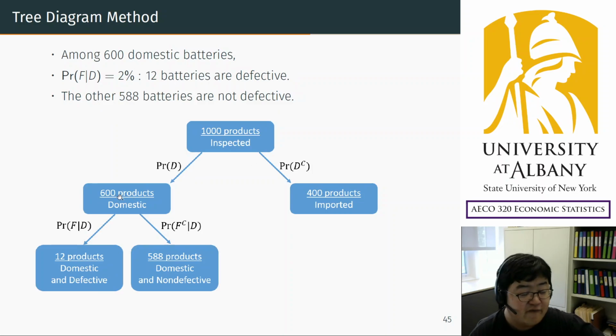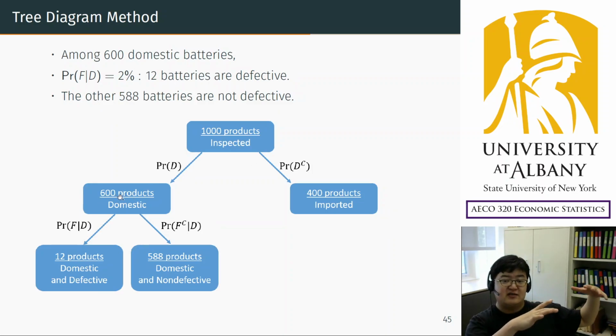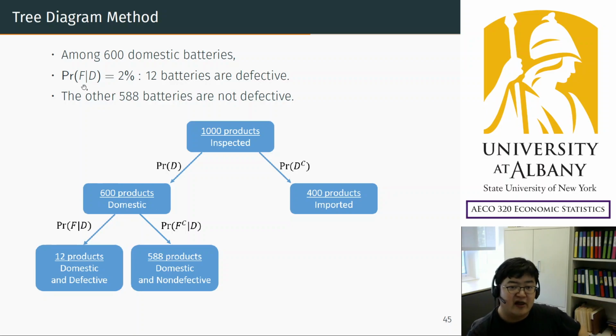And then from the first pile, the domestic batteries, we know that given domestic batteries, under this condition, 2% is the defect rate. That is, in front of us we have 600 domestic batteries in this pile, and 2% of 600 is 12.